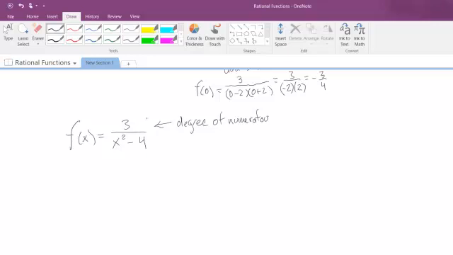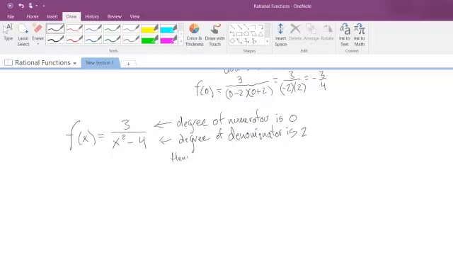In other words, we say the degree of the numerator is 0. The degree of the denominator is, you see it right here, degree 2. So in cases where the degree of the numerator is less than the degree of the denominator, the horizontal asymptote is 0.